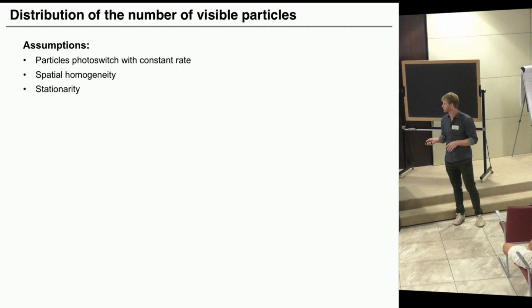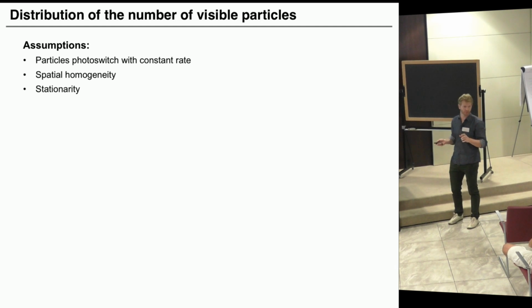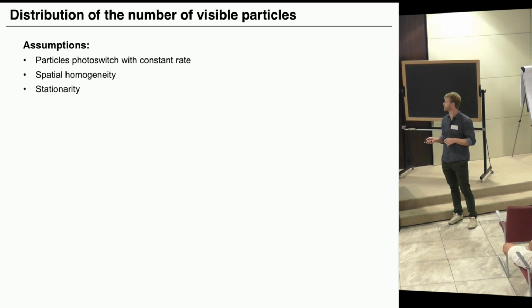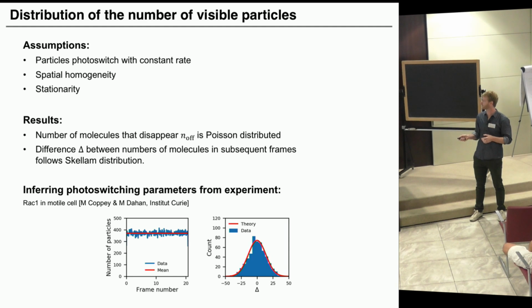The final thing that we need to put in is to estimate the distribution of the number of particles blinking on and off. We use the assumption of stationarity and spatial homogeneity, and this gives us directly the shape of the distribution that we can fit to real data.